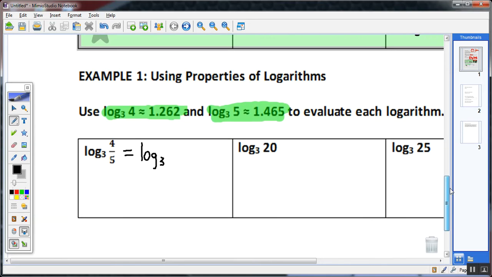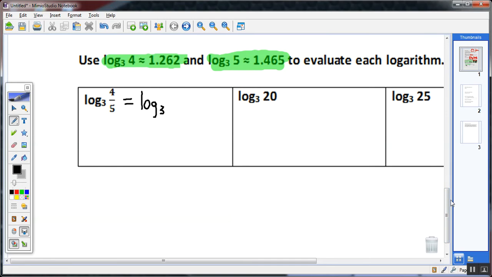Okay, so how would I write this using these values down here, kids? Log base 3 of 4 minus. Well, kids, what is log base 3 of 4? And what is log base 3 of 5?